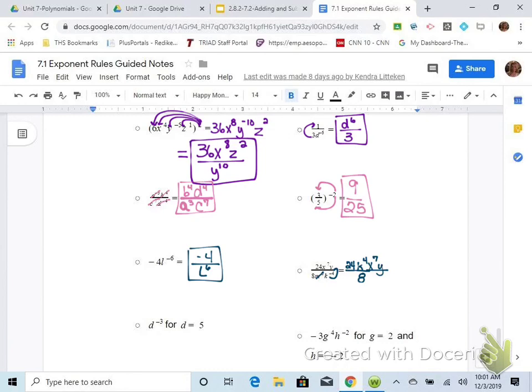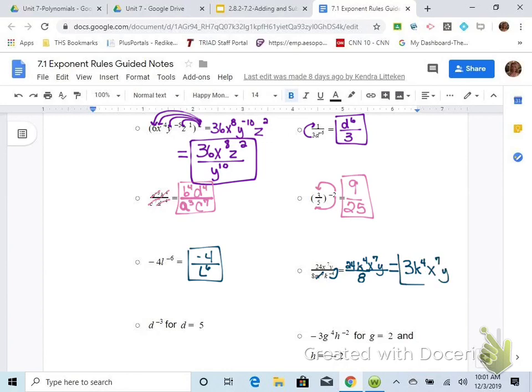What operation can that fraction line divide? Is there anything I can divide here? Yeah. What? 8. And 24, right? Yeah. So what's 24 divided by 8? Okay, so then we have 3k to the 4th, y to the 7th, x to the 7th, and y.